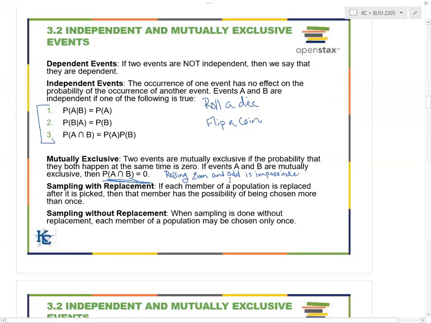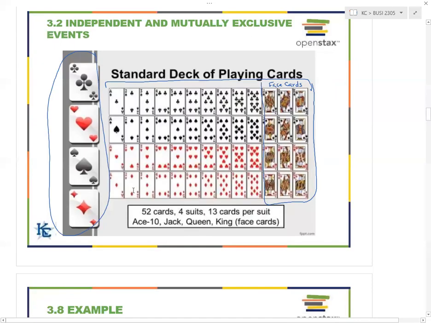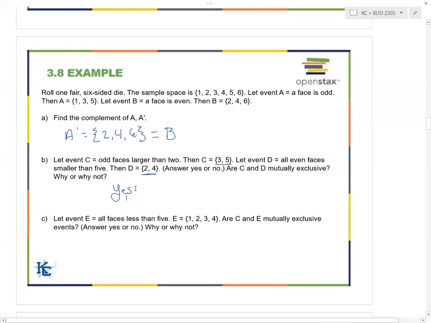Mutually exclusive means that the intersection equals 0, because they don't have anything in common. So the probability of C intersect D equals 0. If I ask why or why not, that's what I'm asking for, the mathematical justification.